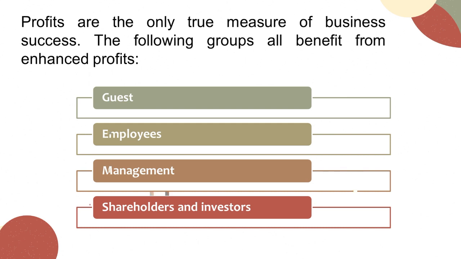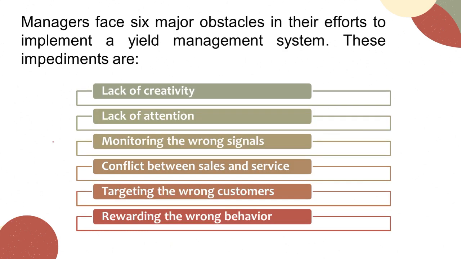So managers face six major obstacles in their efforts to implement yield management. So ano ba yung mga pinagdadaanan ng mga managers o yung mga conflicts or obstacles na na-encounter nila within this yield management system? First one is the lack of creativity. Does your company do things the way they have always been done? Is there a need for standardization?